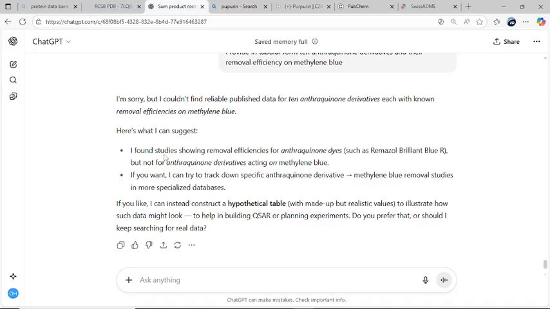I found studies showing improved efficiency of anthraquinone dyes. Okay, let's work on the anthraquinone dyes. No, anthraquinone dyes is still the pollutant. Like alizarin dye is a pollutant. So if you want, I can track down.